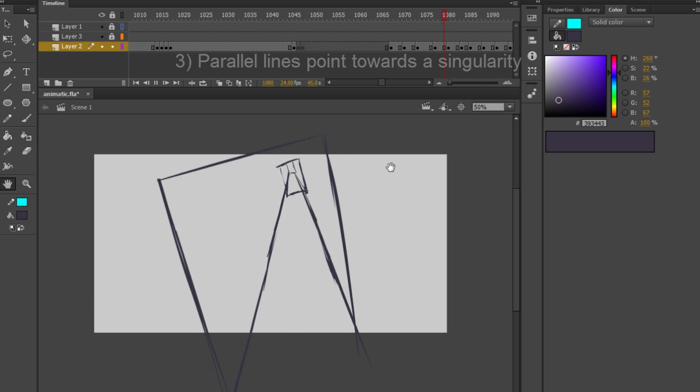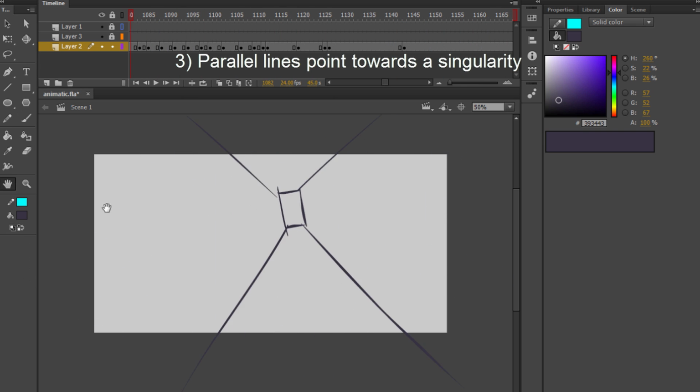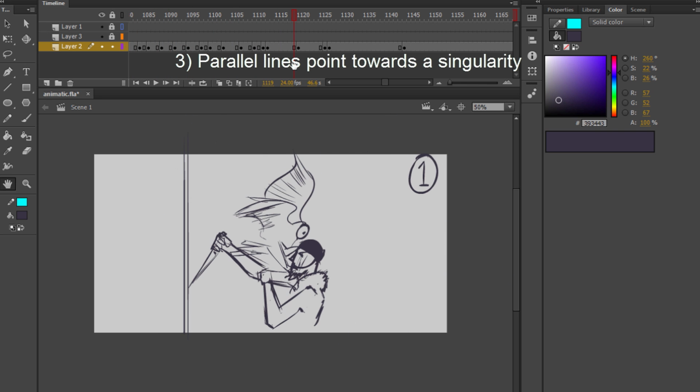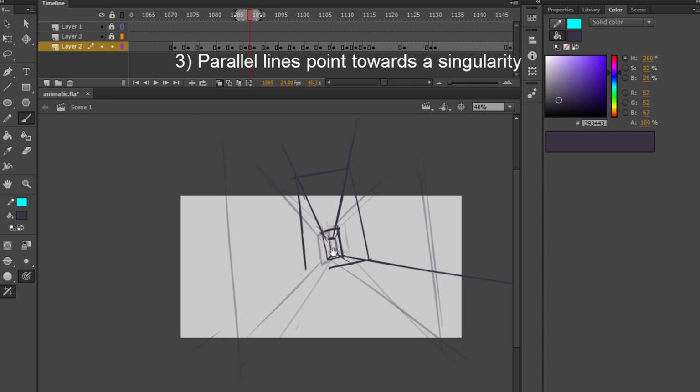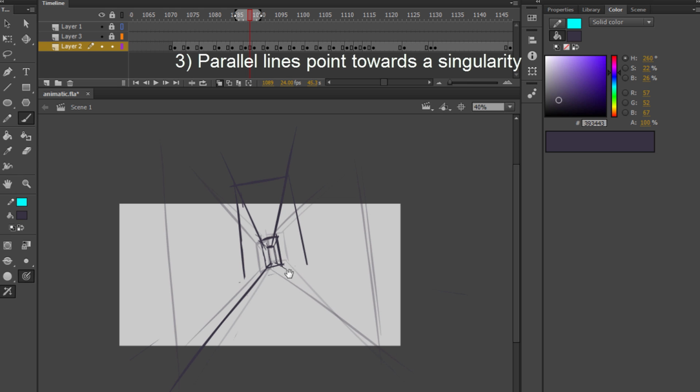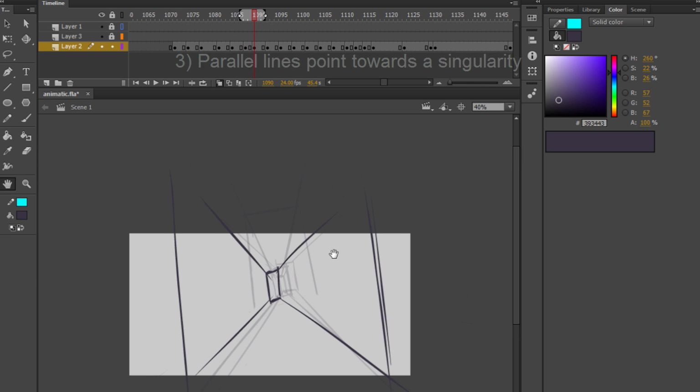And number 3, as lines move further away from the camera, they point towards a singularity, or vanishing point, as it's often called in photography and art in general.